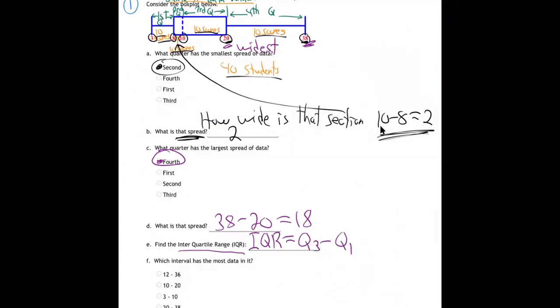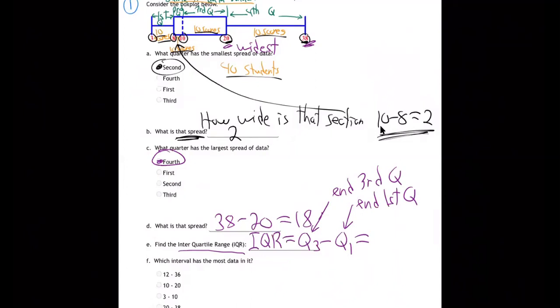Q3 minus Q1. That's what interquartile range means. Q3 means end of the third quarter, and Q1 means end of the first quarter. So, what score marks the end of the third quarter up on that box plot?